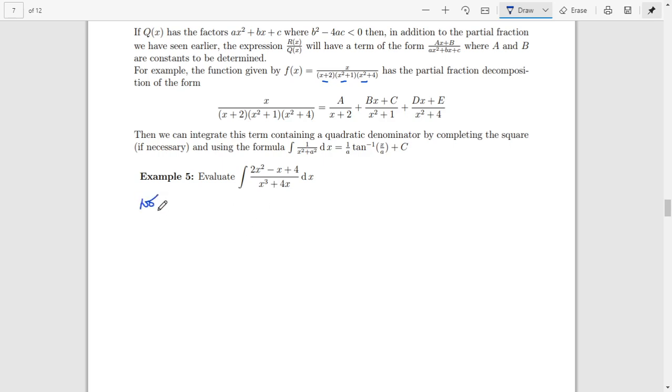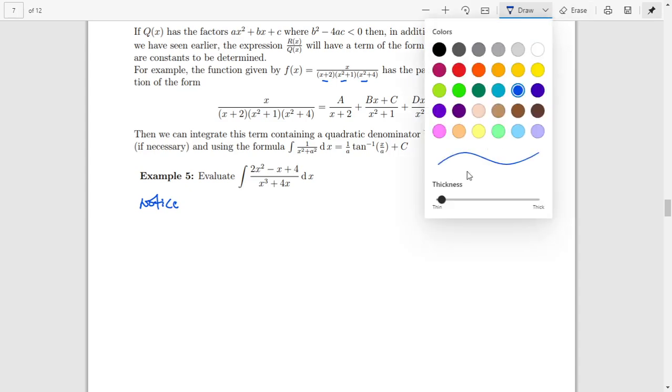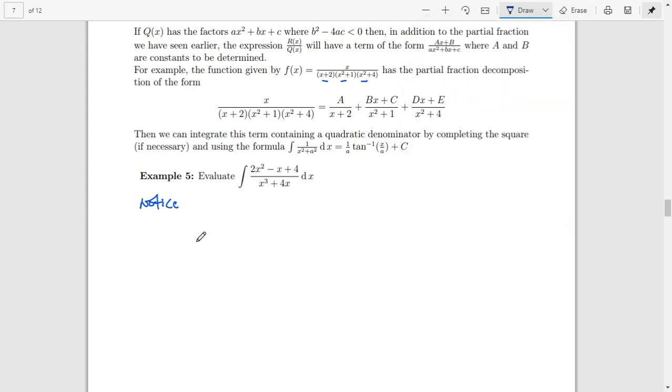So notice that x cubed plus 4x is the same thing as, we can factor x out to get x times x squared plus 4. And at this point, we can't factor this any further.